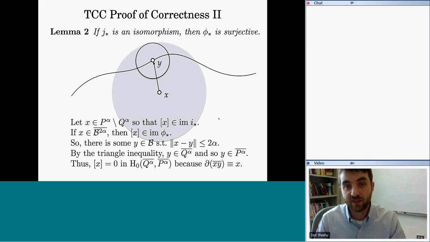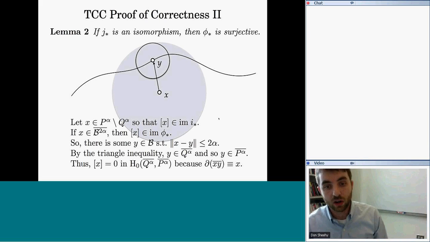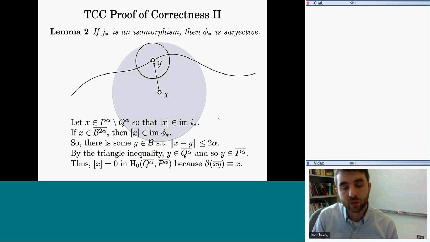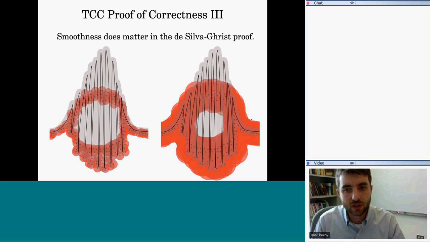A quick sketch, but this is in fact the crux, and it's qualitatively different from what happens in the De Silva-Ghrist paper for a couple of reasons. The most important one is that the arguments happen directly in homology.